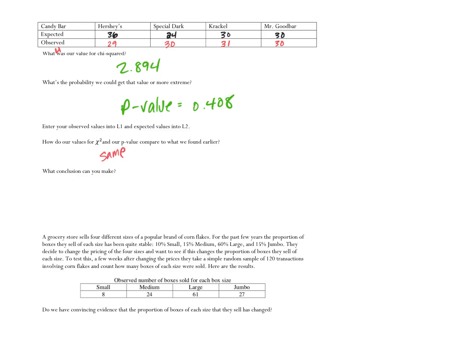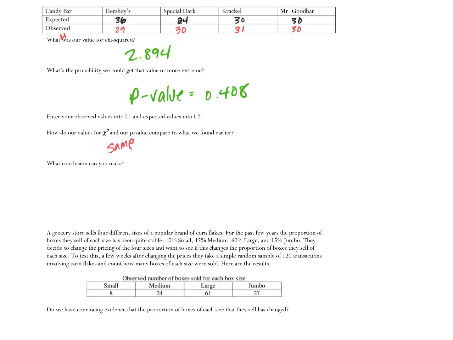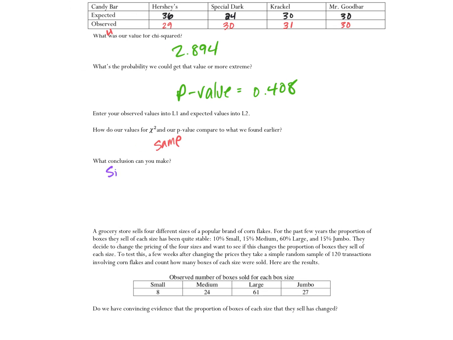So if I were to write a conclusion from here, I might say, since 0.408 is bigger than 0.05, we fail to reject our null hypothesis.